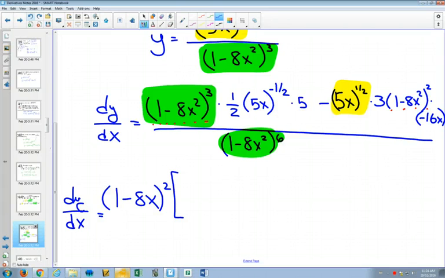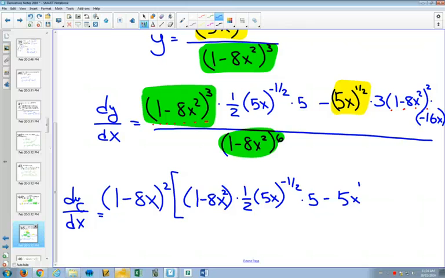If I factor that 1 minus 8x squared out of both of those terms, in the first term, can you see that I would still have 1 minus 8x squared? I would still have multiplied by my 1/2 5x to the negative 1/2 times 5 minus 5x to the positive 1/2 times by 3 times by negative 16x.